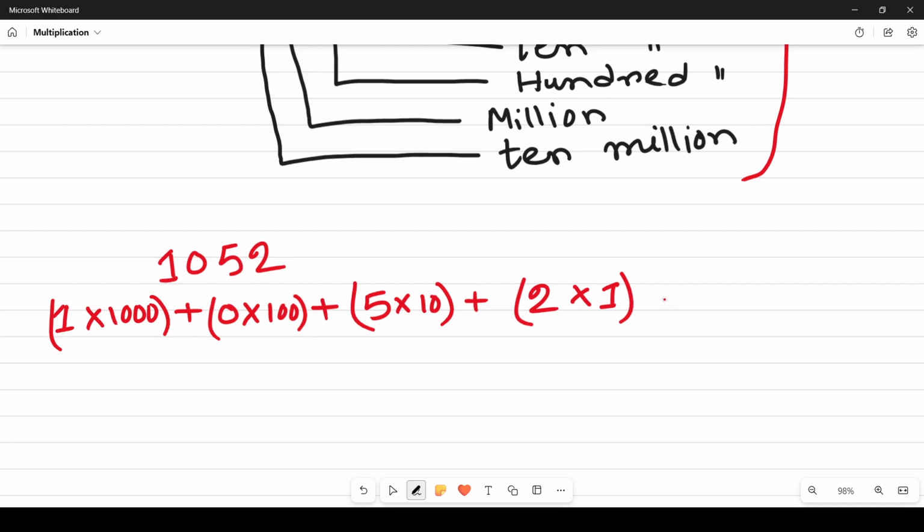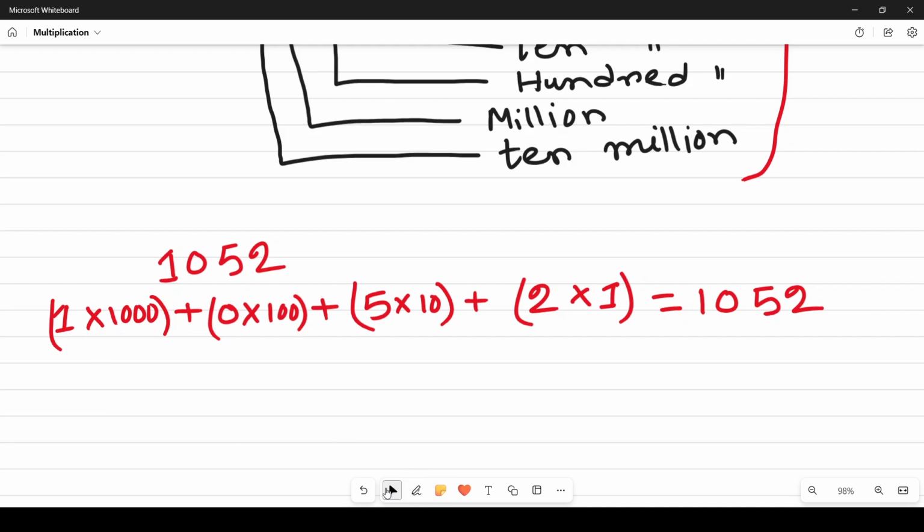So what do we get? We get 1000, and then 0, because of the position of this 0. Then 50 plus 2 is 52, so 1052. So this is the process of forming a number, right?